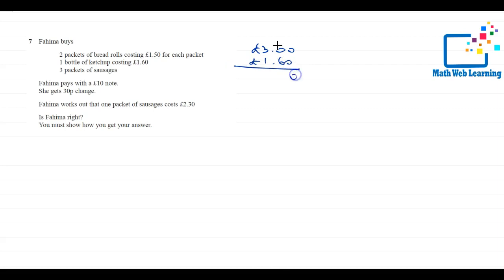This will give us a total of £4.60. Now we got information that she paid with a £10 note and she got a change of 30p. So basically the cost of the shopping for the 3 items here is £9.70. Let's write it down.